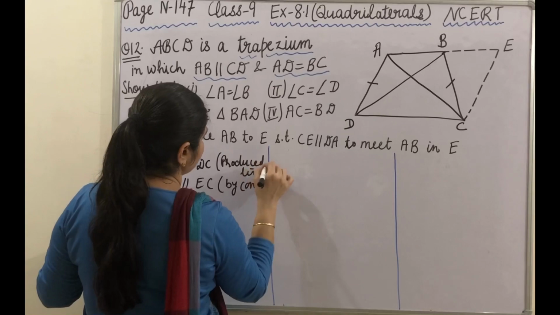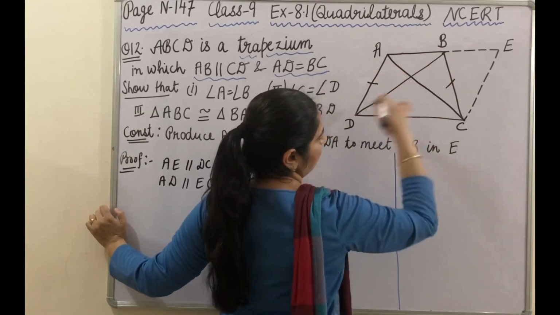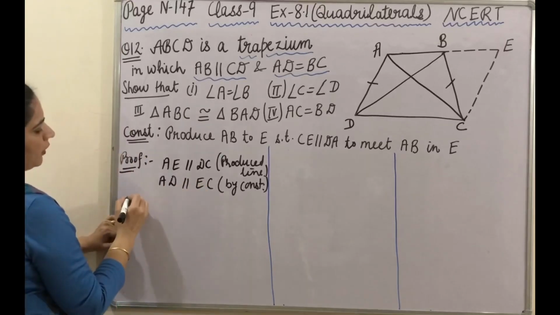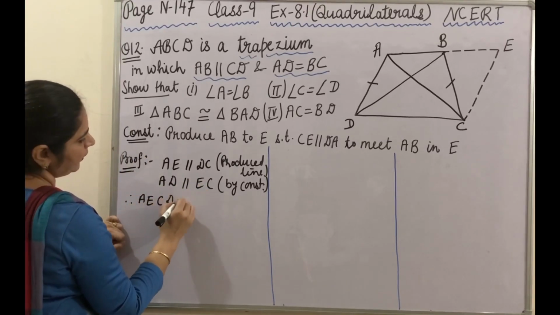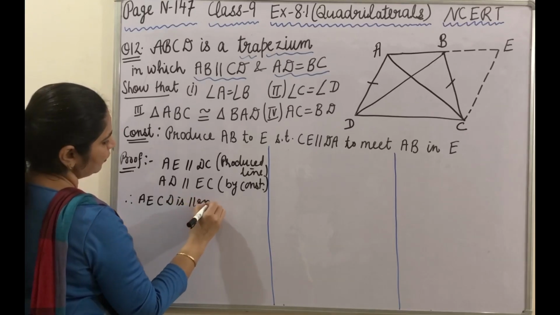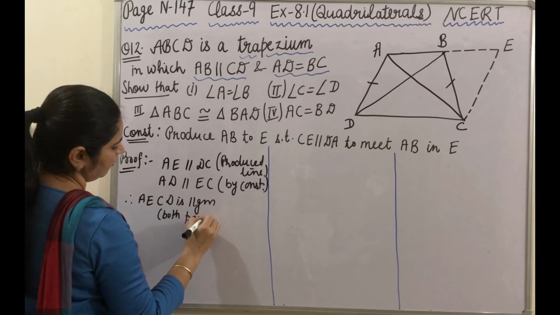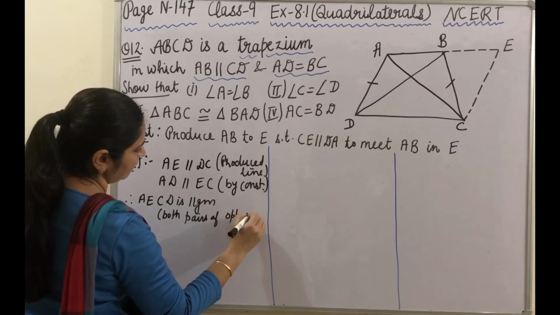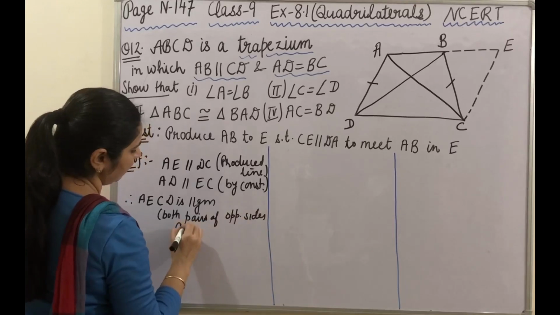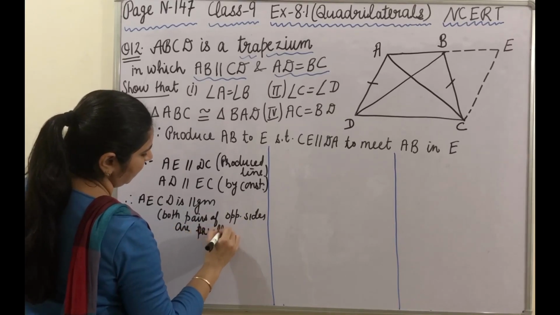So we can say here, when both pairs of opposite sides are parallel and equal, therefore AECD is a parallelogram. Both pairs of opposite sides are parallel and equal.